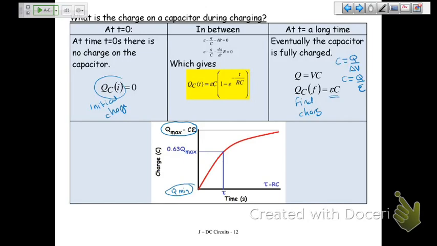So you get a big current, which means a big change in charge. Current is charge divided by time. So if you get a big current, you get a big change in charge in a given time. And so we get a steep slope on this. And then it gets shallower and shallower and shallower until at the end, and you can argue when does it actually truly reach its fully charged state? Infinite time, but we get close enough relatively quickly.